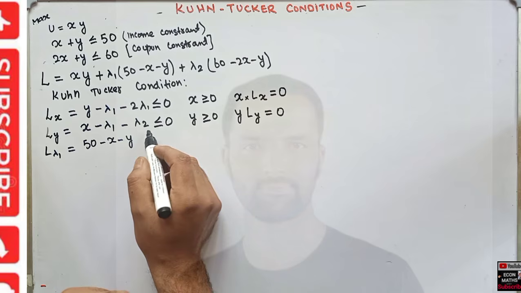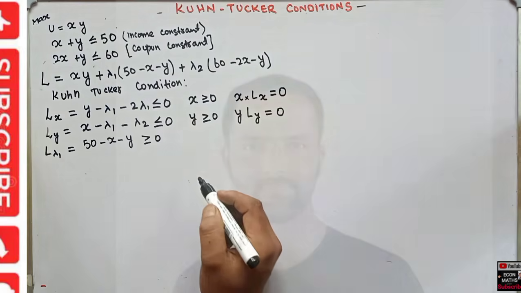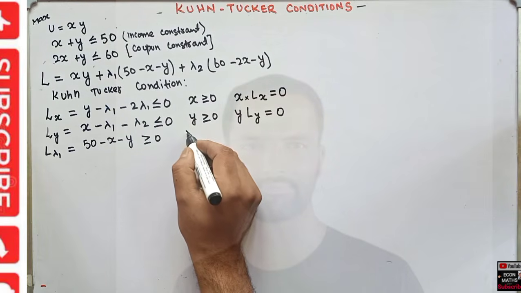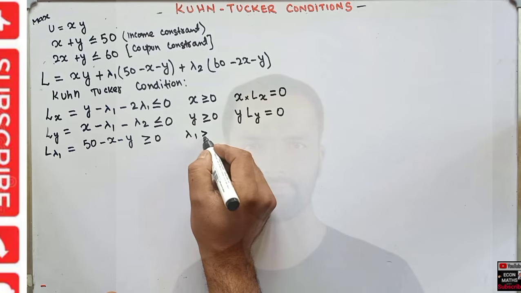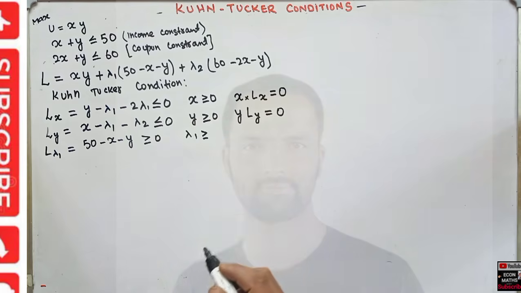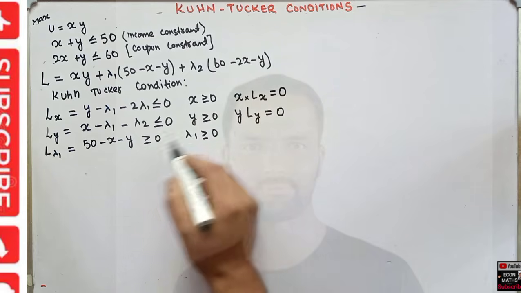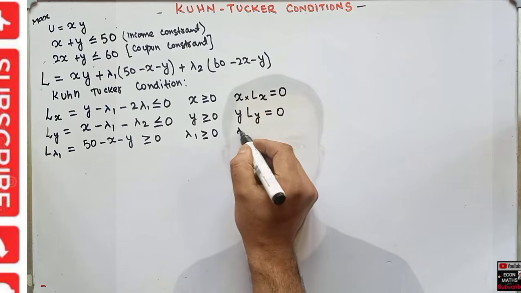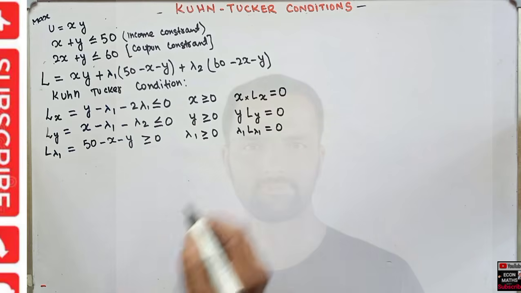Okay, and it should be greater than or equal to 0. That is, lambda 1 should be greater than 0 for maximum here. Okay, and also this lambda 1 times L lambda 1 should be equal to 0.